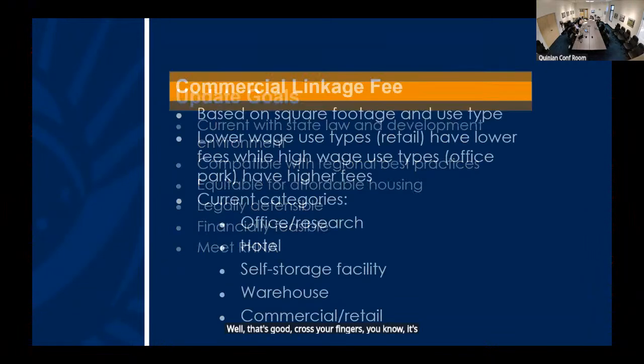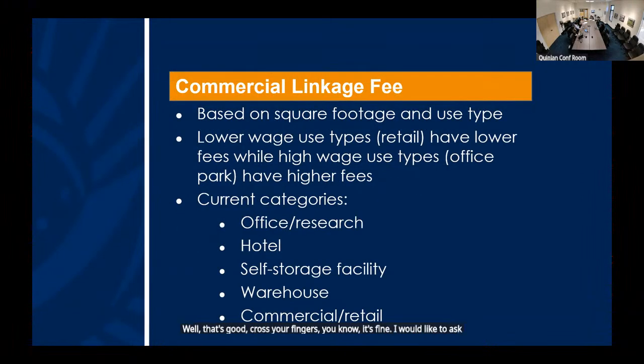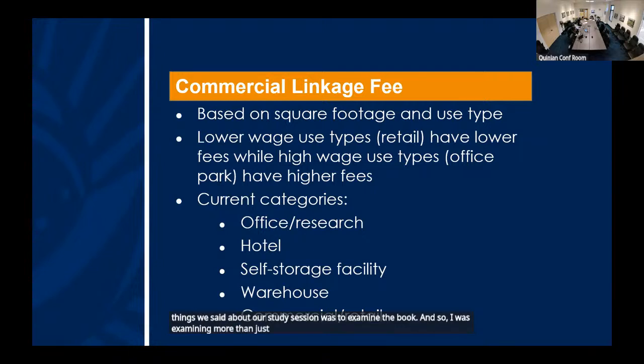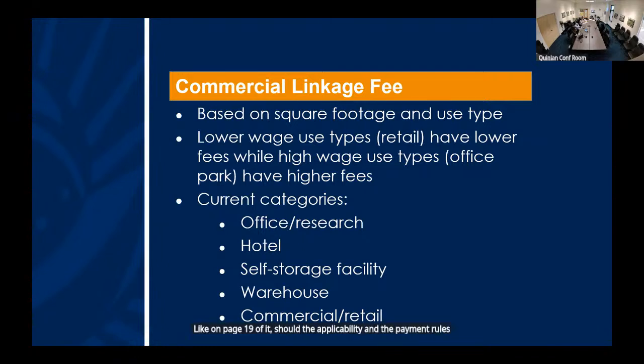I would like to ask other questions, which is the whole below market rate manual. One of the things we said about our study session was to examine the book. So I was examining more than just these two items. Like on page 19, should the applicability and the payment rules be reviewed?